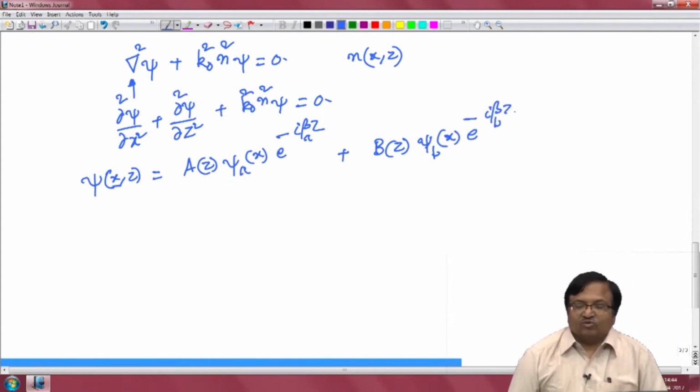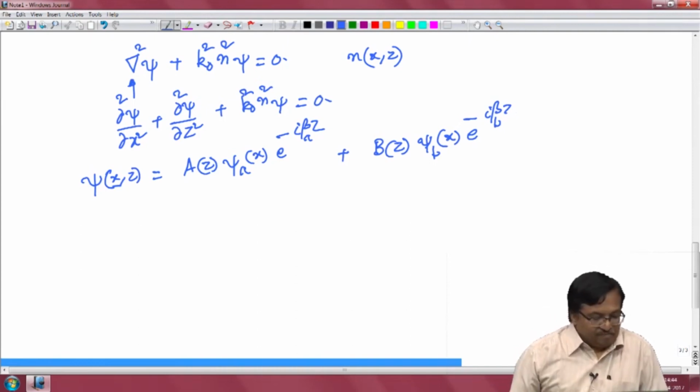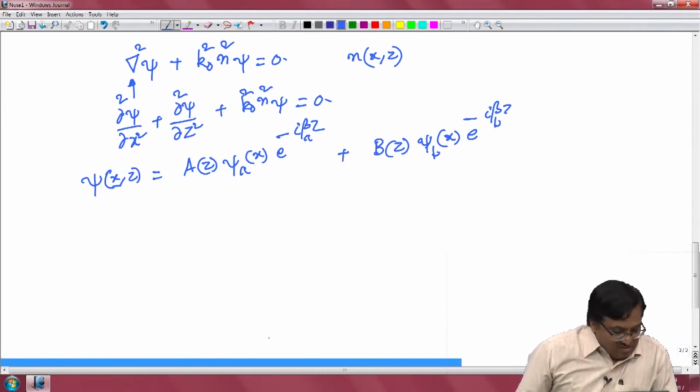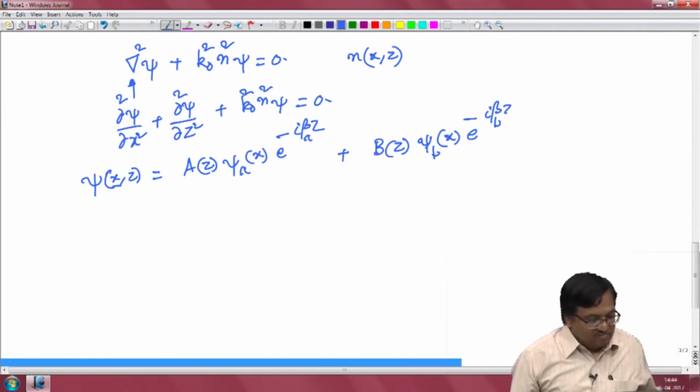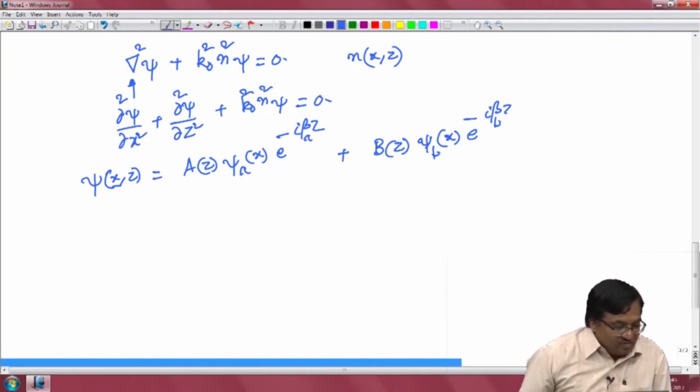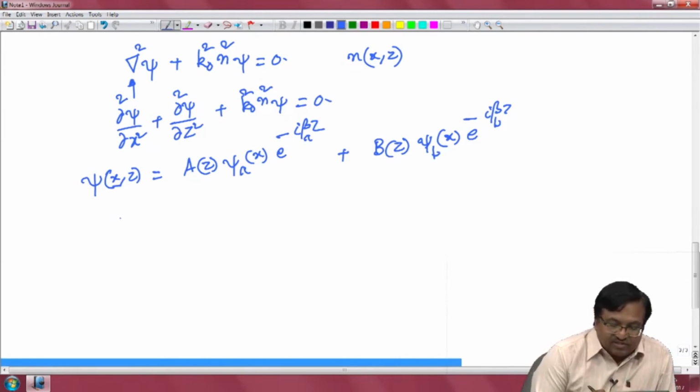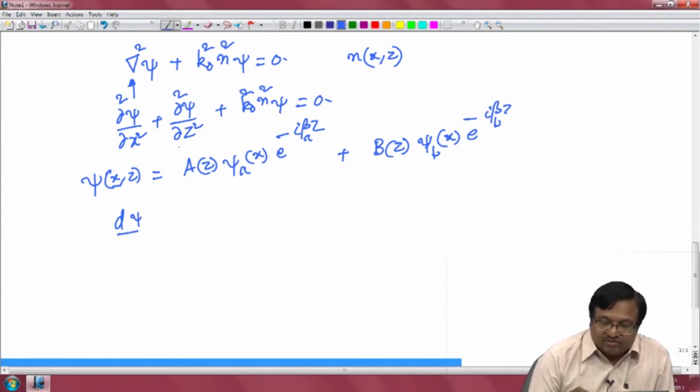We are considering two arbitrary waveguides which may have different propagation constants. So, let us differentiate. The equation contains d psi by dx and d psi by dz, so we have to evaluate each of these.